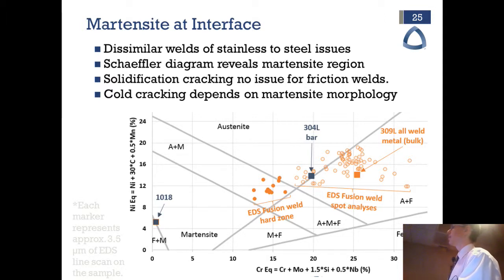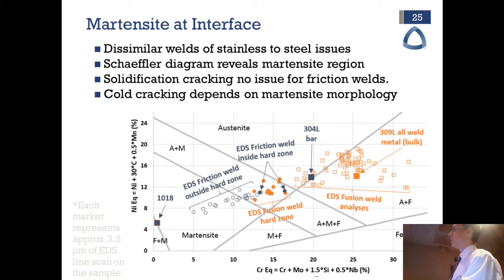This segregation makes kind of a shotgun plot here. It gives us all sorts of phases, from ferrite to austenite, and then at the transition zone, some austenite plus martensite. For the blue, I did the same thing, took those energy dispersive spectra locations and plotted those, and it forms more of a straight line.